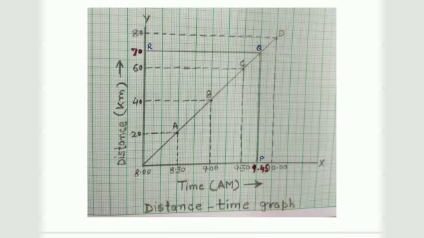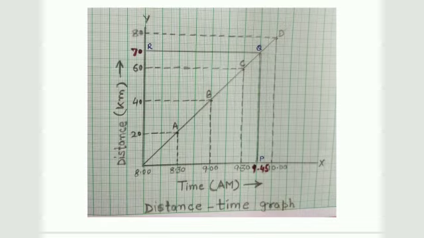So 9:45 is exactly between 9:30 and 10. So from 0 to D, we join the points and make a straight line.